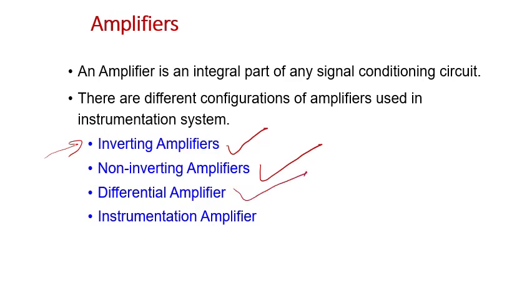The differential amplifier makes a subtraction between the two inputs, so the output is equal to the difference between the two inputs multiplied by a gain which I will set, not the gain of the amplifier itself. And the instrumentation amplifier, which is used for instrumentation because it has higher gain than the others.